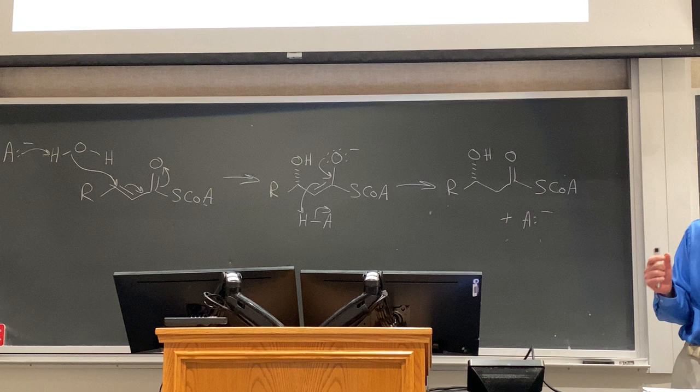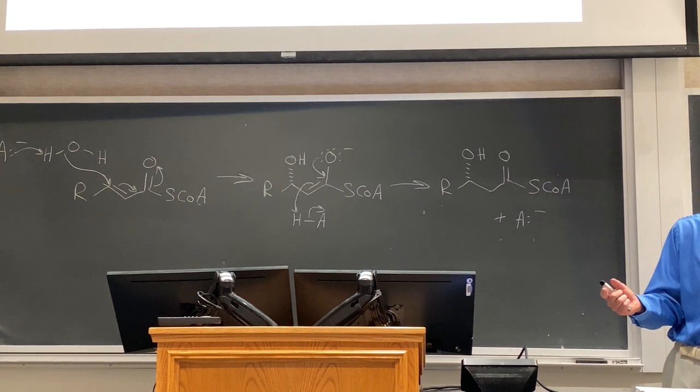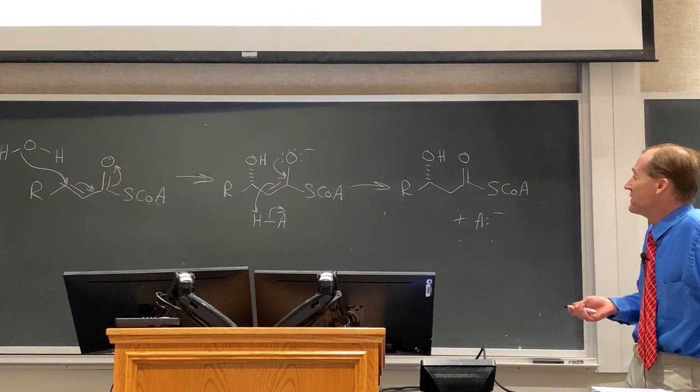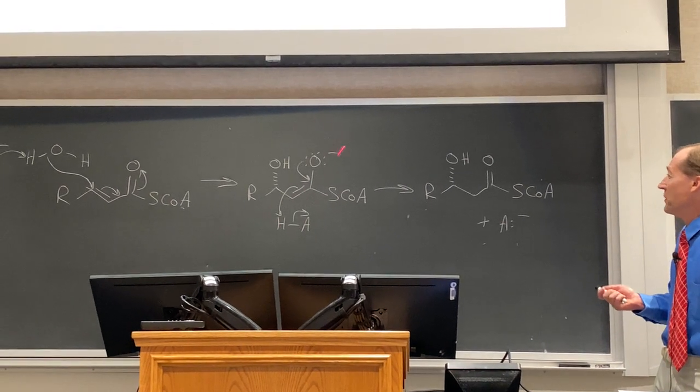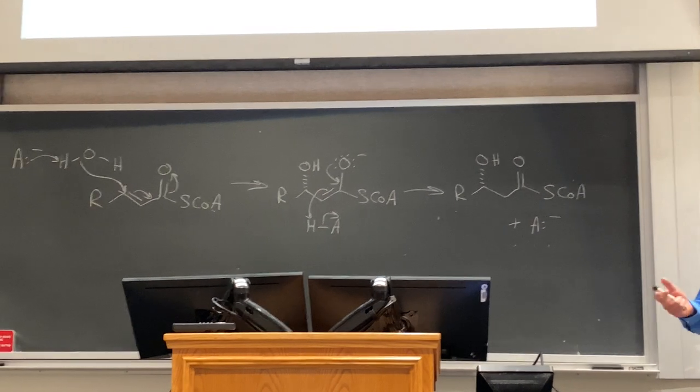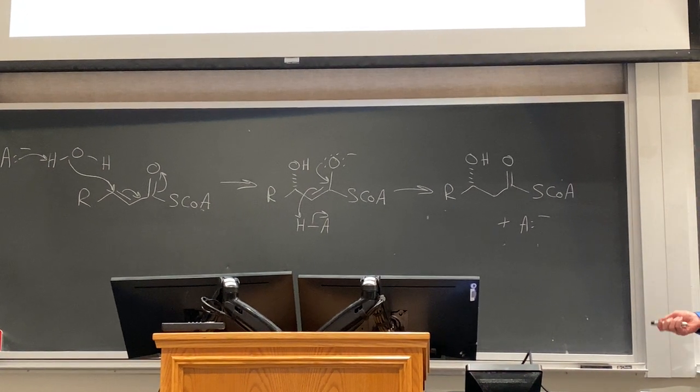And when we have nucleophiles performing conjugate additions, as we learned earlier on in the semester, that gives us an enolate intermediate, and that enolate intermediate simply gets protonated by an acid in the active site of the enzyme, giving the beta hydroxy thioester.